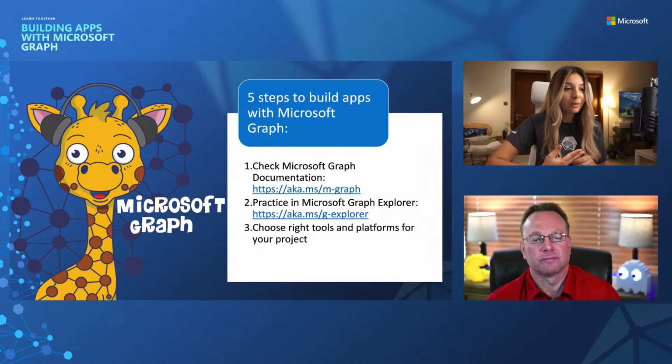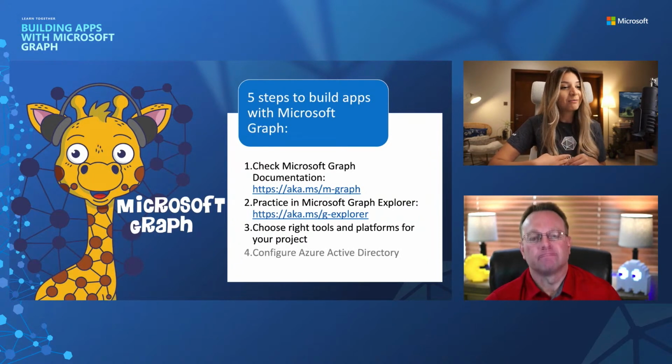The third step is just for you to choose the right tools and platforms. Microsoft Graph provides a huge selection of SDKs and platform support, so you just need to choose the right one for your own scenario. Fourth step is to configure Azure Active Directory. As we mentioned in the previous step, we need authentication and authorization, which Azure Active Directory provides us.